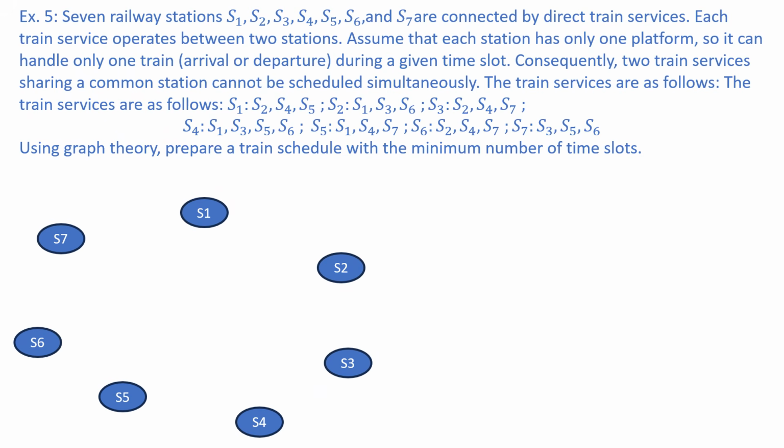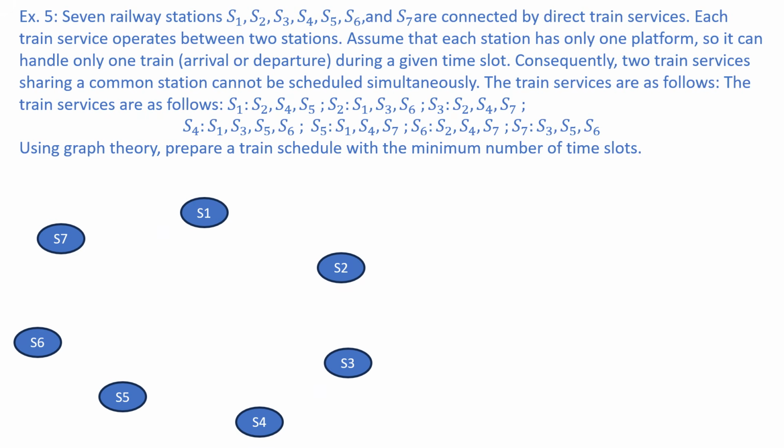The last one, fifth question. There are 7 railway stations S1 to S7 connected by direct train service. Each train service operates between 2 stations, assuming that each station has only one platform, so that it can handle only one train during a given time slot.